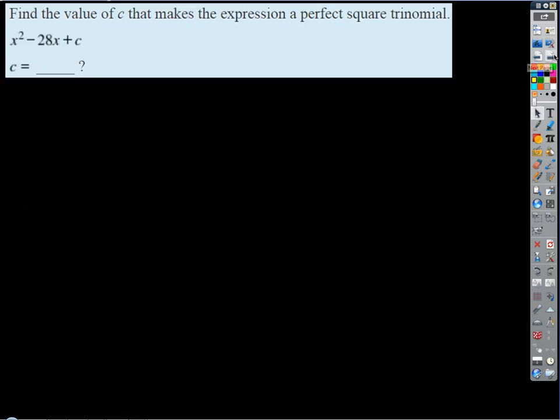Okay, so this one, there's only one question on here like this. This is just the completing the square stuff, right? If we were going to create a perfect square trinomial with this, what's the rule? What do I have to do? So C would have to equal what?